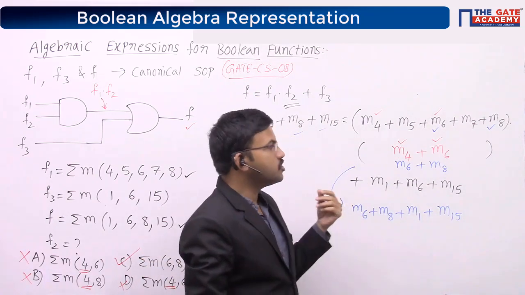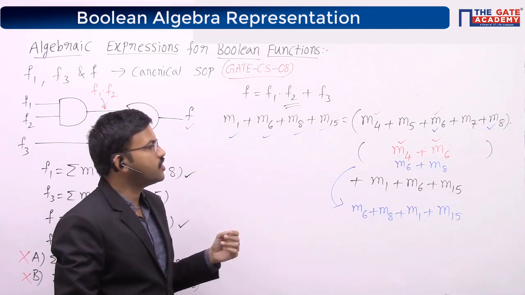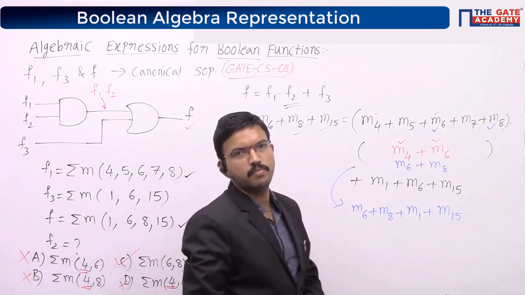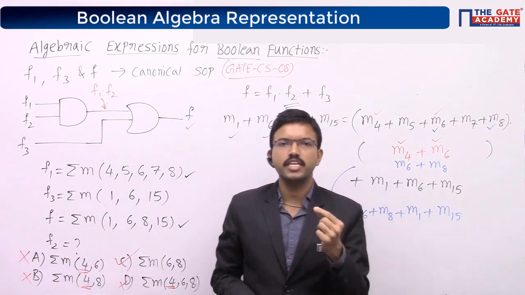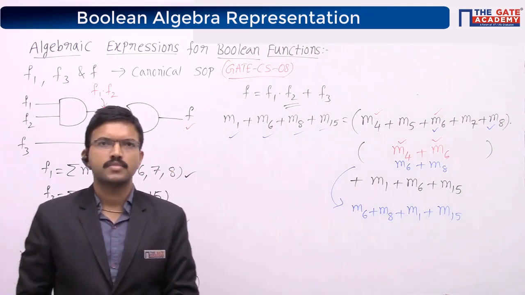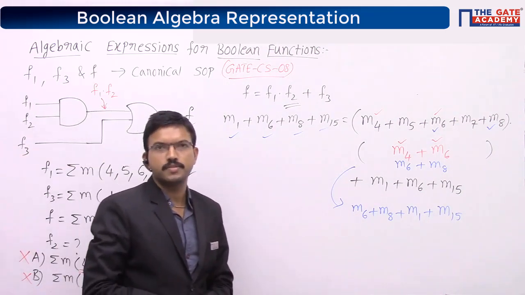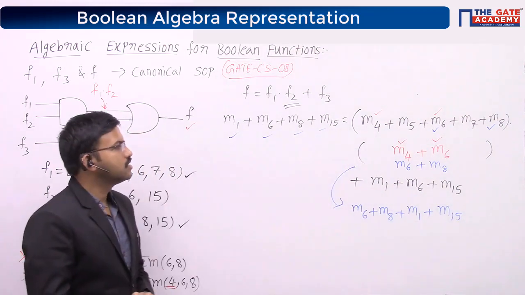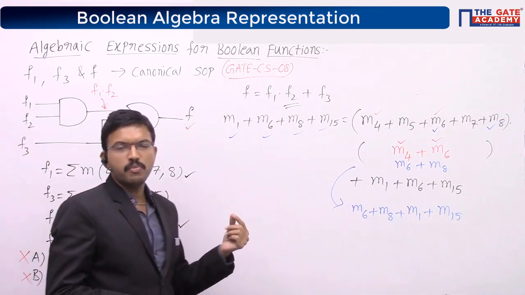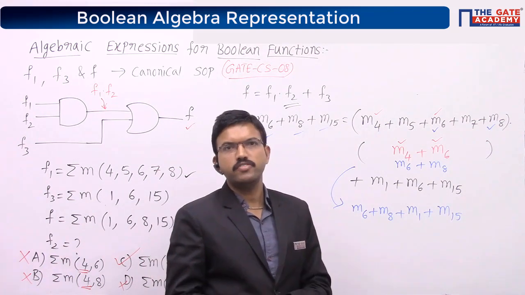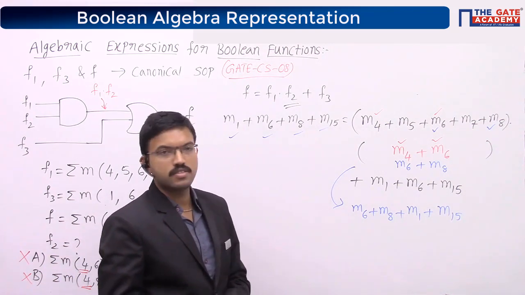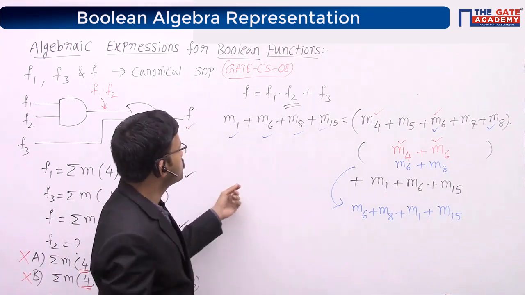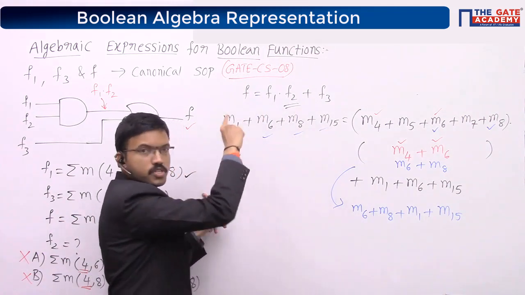Suppose it is a numerical answer type question, where you are supposed to specify the minterm number, then what is the decimal equivalent, the decimal number corresponding to that minterm? See here, if you observe, this is the overall output.